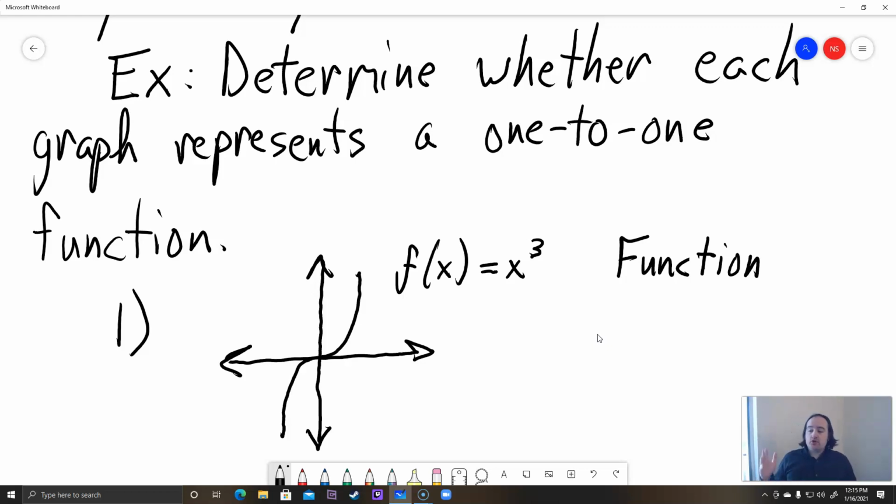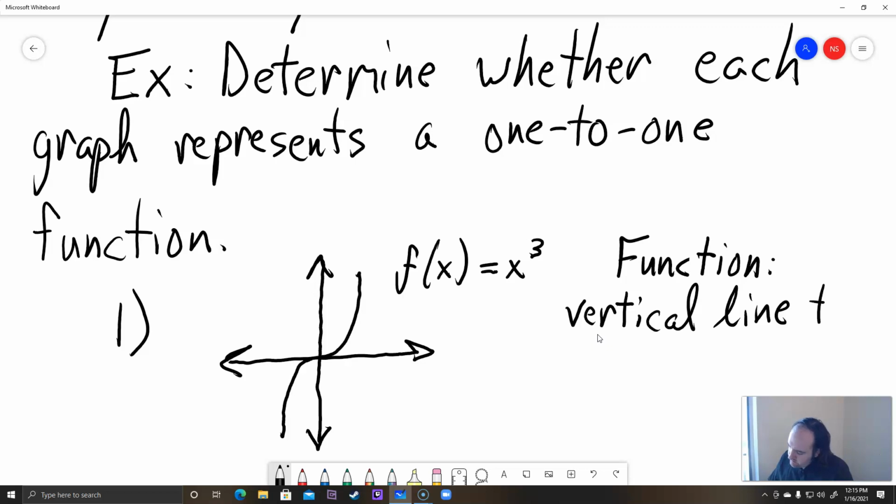In other words, no vertical line can intersect the graph at more than 1 point. So to determine whether it's a function, we use the vertical line test. That's not to determine if it's a one-to-one function, that's just to determine whether it's a function.